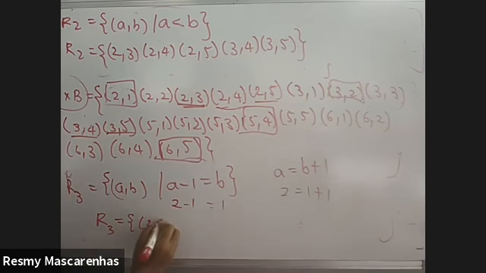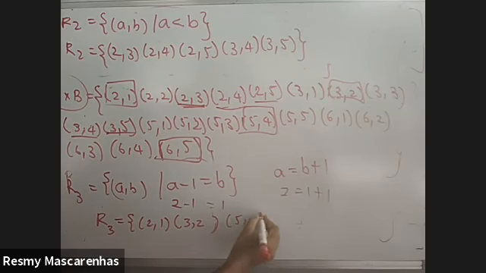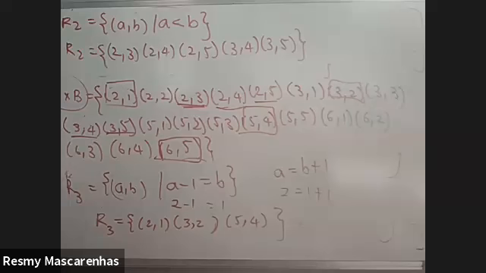So R3 will be 2 comma 1, 3 comma 2 and 5 comma 4, the ones which I put in a box. So these are some of the examples of relations.